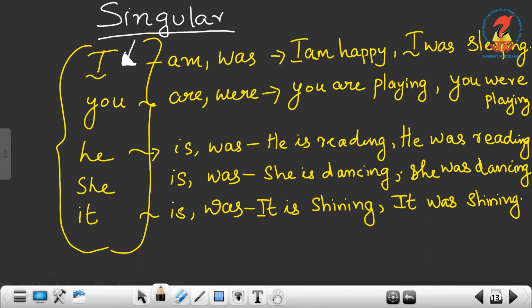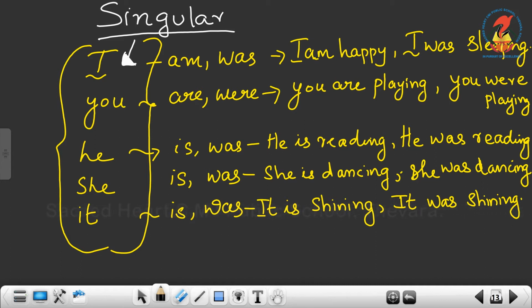Okay, then you. With you, which all verbs you can use? Are, were. Okay, then how will you write? You are playing, you were playing. Then he. He is and was. These two verbs you can use with he. He is reading, he was reading. Then she.